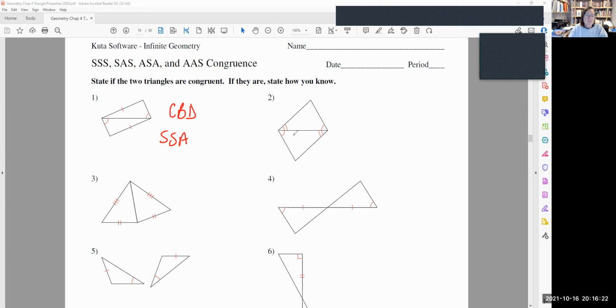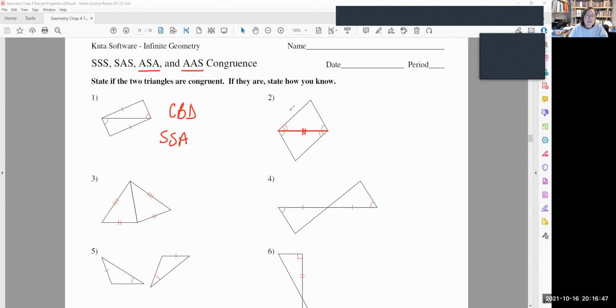Let's go to number two, all right? So I do see two angles marked, so I'm going to be looking to see if one of these two shortcuts work, okay? And what would I need? I need a side. Well, they share a side, right? Both triangles share this side right here, okay? So I like to mark these so that I can see what my congruencies are.